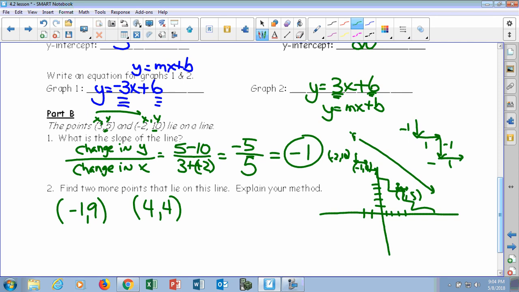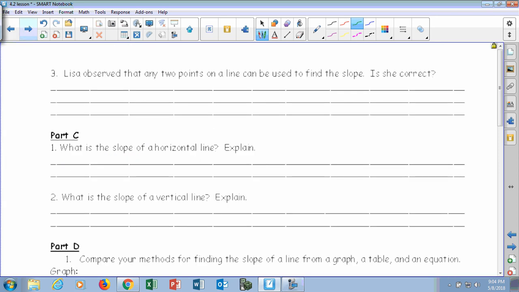All right, so we're on number 3 now, which is, I believe, on your second page. So here we go. It says, Lisa observed that any 2 points on the line can be used to find the slope. Is this correct? Yes.